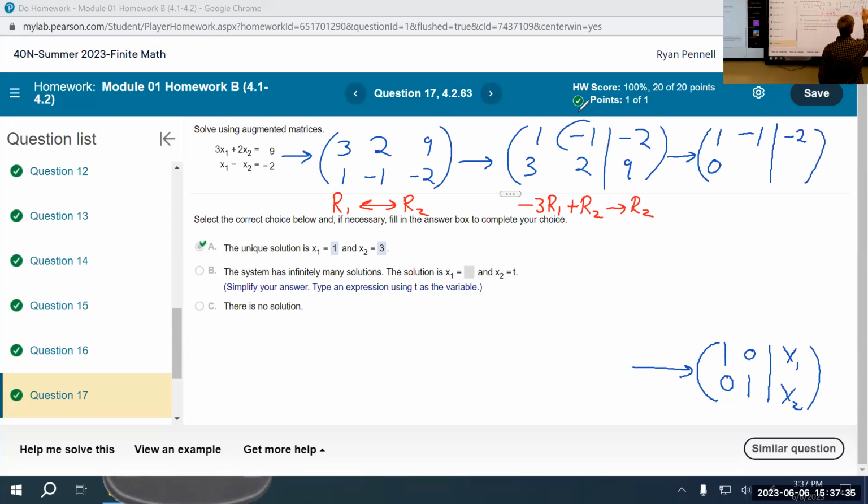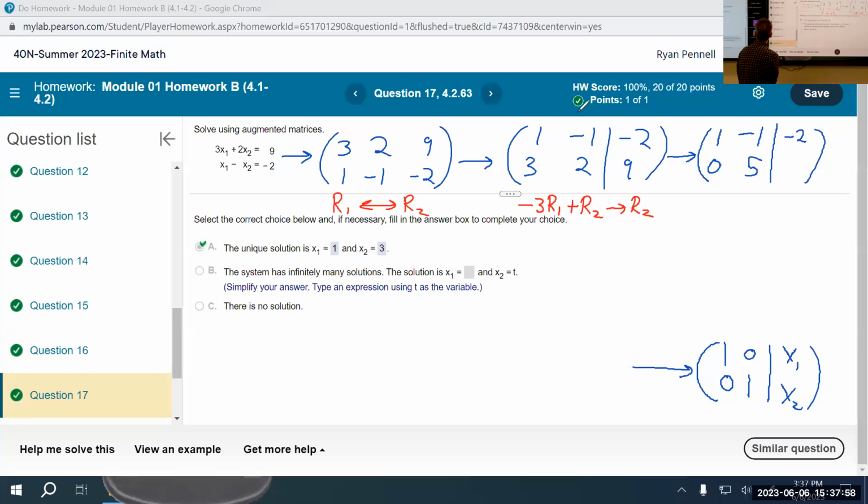So it's -3 times -1, that's 3, plus that 2. Let me say that again: -3 times row 1, so -3 times -1 is 3, and 3 plus 2 is 5. So this is a 5.